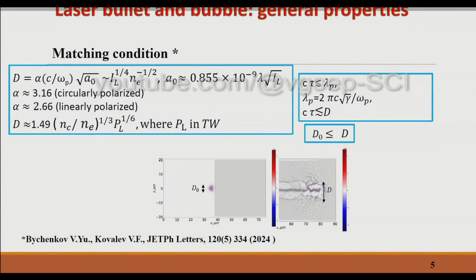So in order to avoid instabilities, we make use of the condition that the length of the pulse, c tau, with tau being the pulse duration, must be less than the relativistic plasma wavelength. And the other condition is that the size of the pulse must also be less than the size of the cavity.